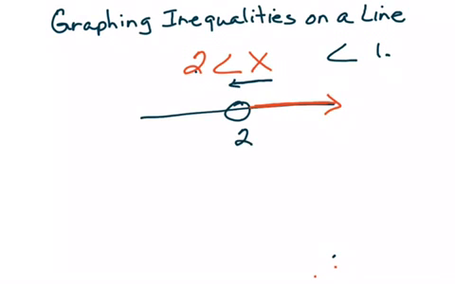Do you see how, if I were to rewrite this little equation, it would say x is greater than 2? And do you see how the arrow is pointing? The arrow is pointing in that direction. So x is greater than 2. And I don't have to write 2, 3, 4, 5, 1, 0. You don't have to put all those numbers.